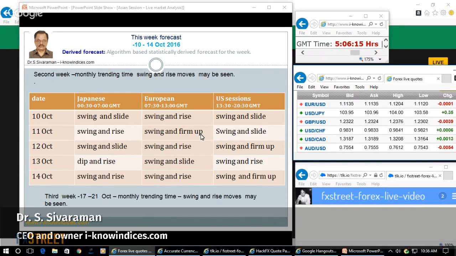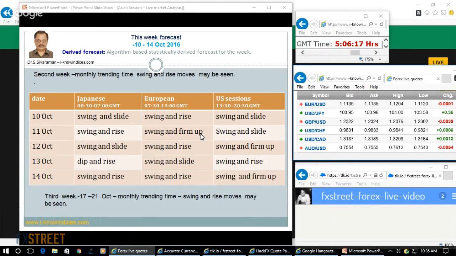Japanese session, and then firm up during the European session and make another slide during the US session, or a sideways move. Then on Wednesday they are expected to make the swing and slide during the Japanese session. So it will be more of a lower level consolidation, and then swing and rise during the European session, and then firm up further during the US session.